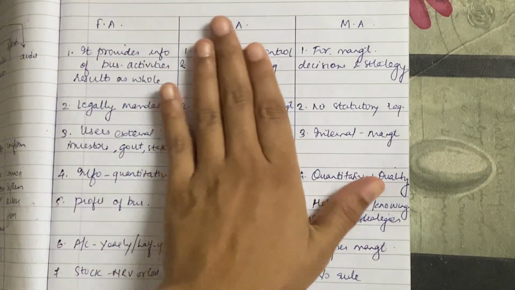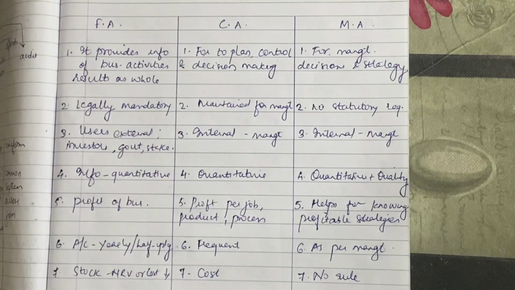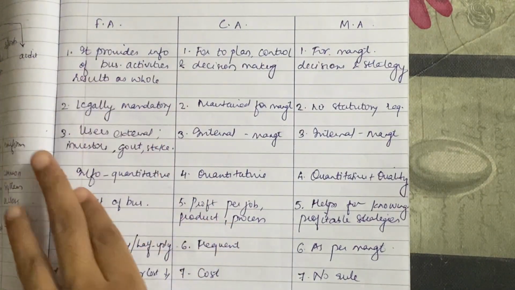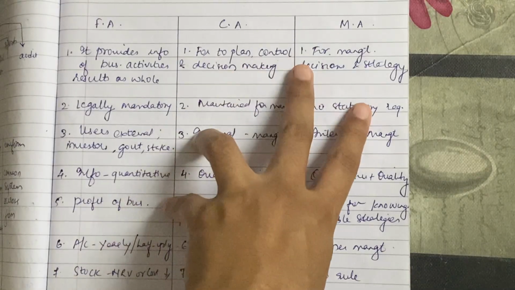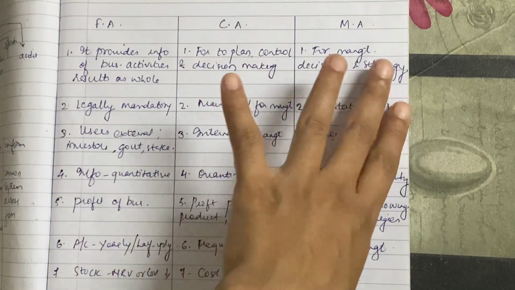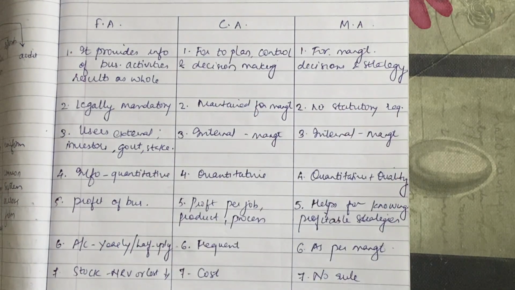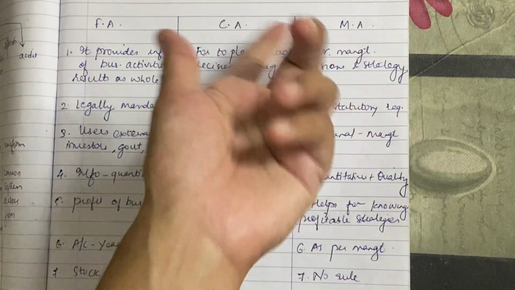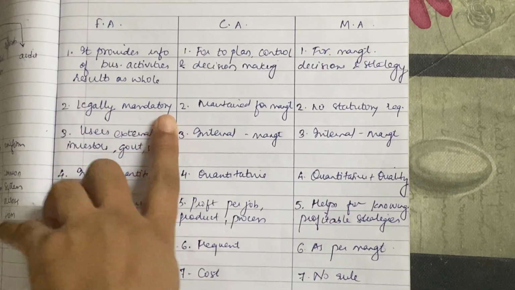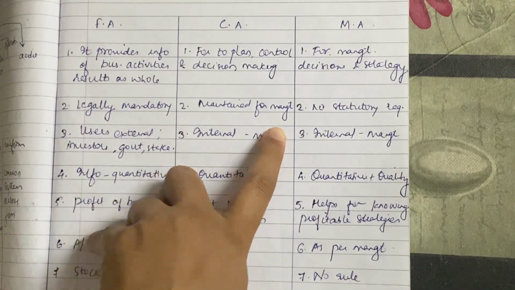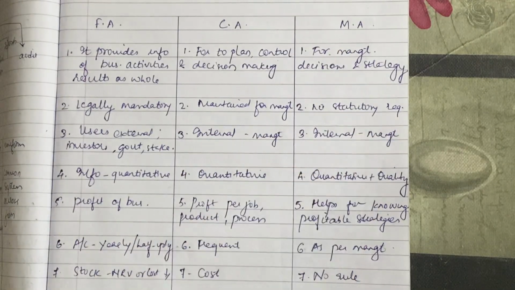So financial accounting, cost accounting, management accounting. The purpose of financial accounting is to provide the business activities result as a whole, and for cost accounting the purpose is to plan, control, and also for decision making. Management accounting is mainly for decision making. Managers are appointed for decision making, and in the same way, management accounting is for decision making. Financial accounting is legally mandatory. Management accounting is maintained by management, and there is no statutory requirement to carry it out.